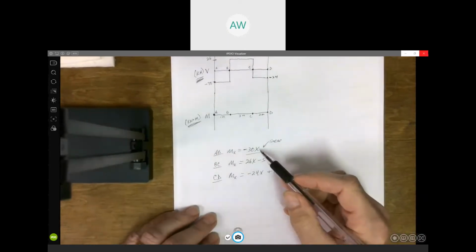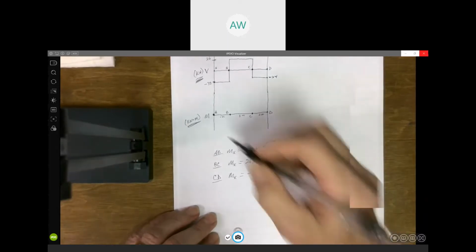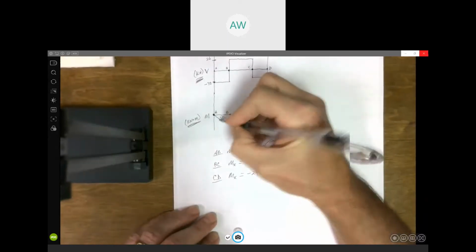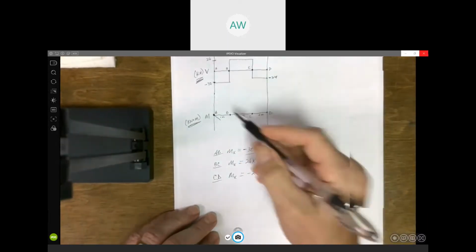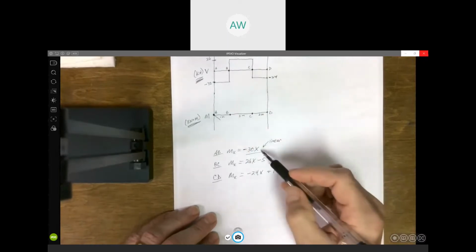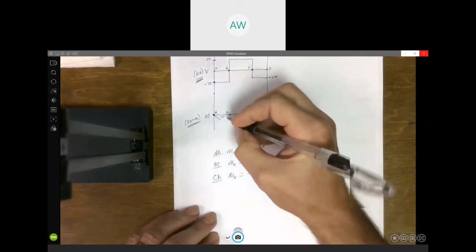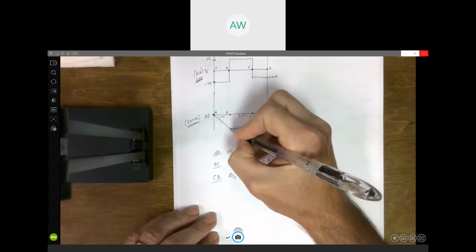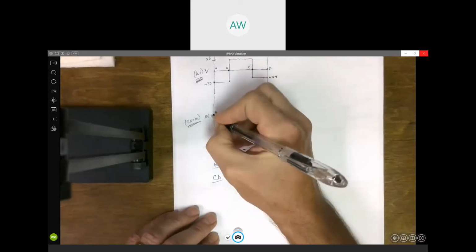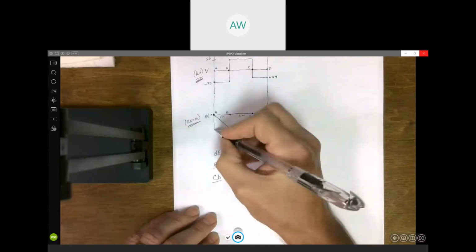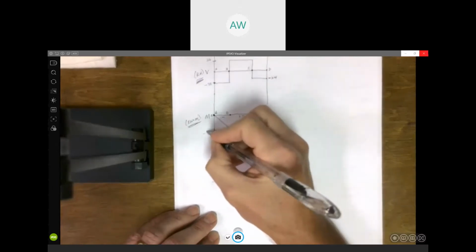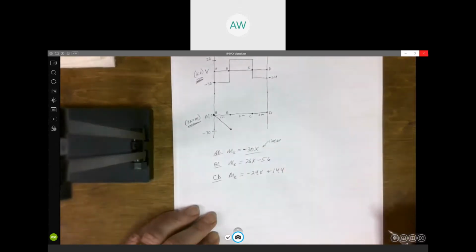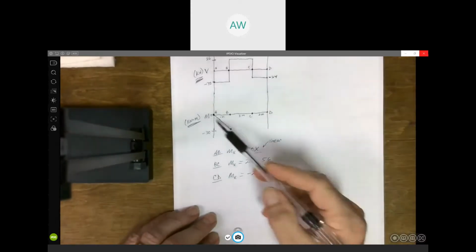Slope is negative, right? We're going down. And when x is 1, we're at B. So when x is 1, moment is minus 30. So we're going to start here at 0 and go down to minus 30. It's linear. It's a straight line.